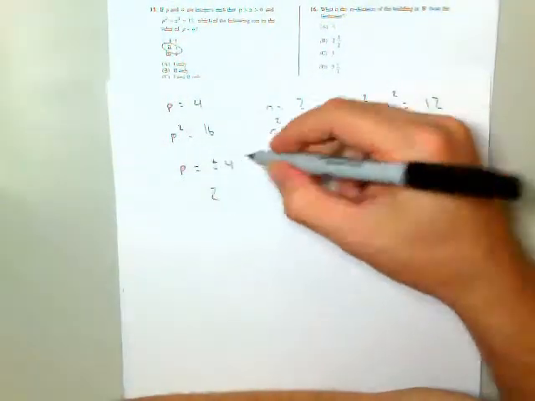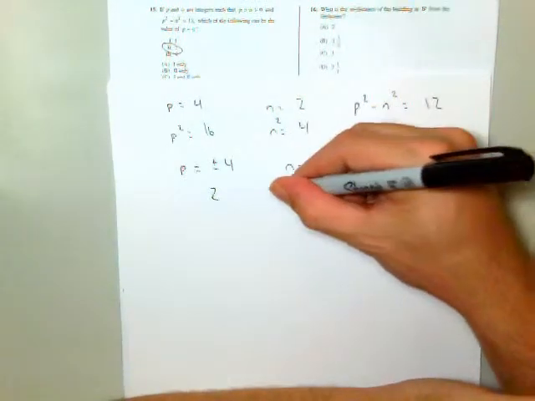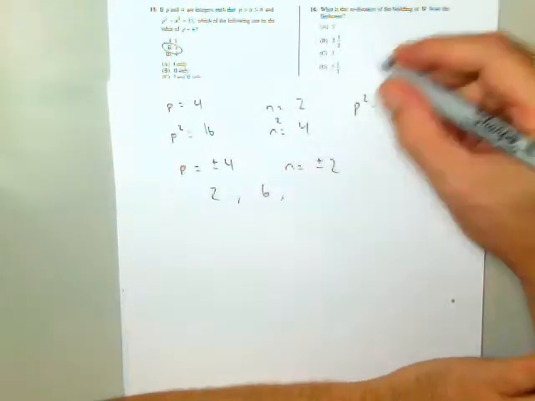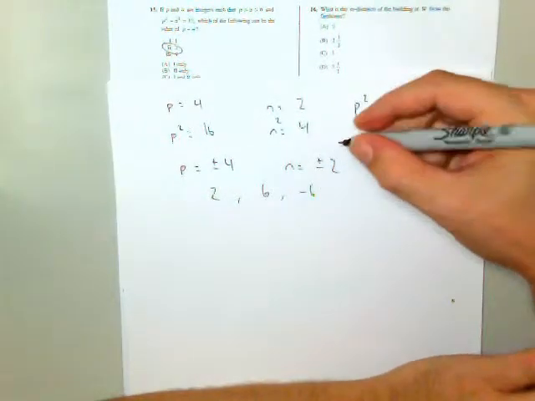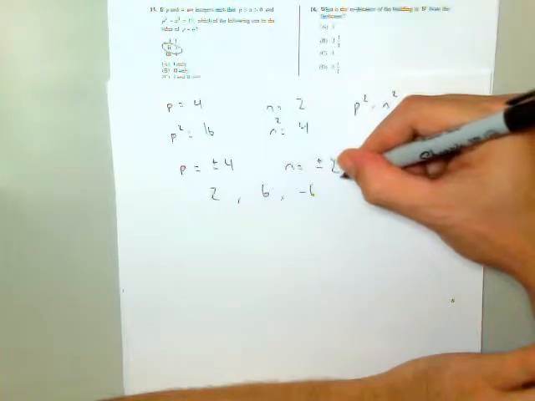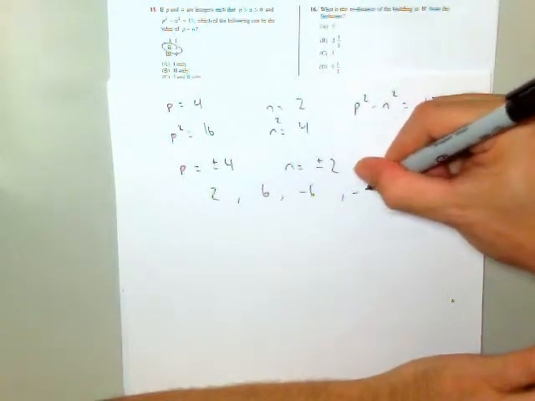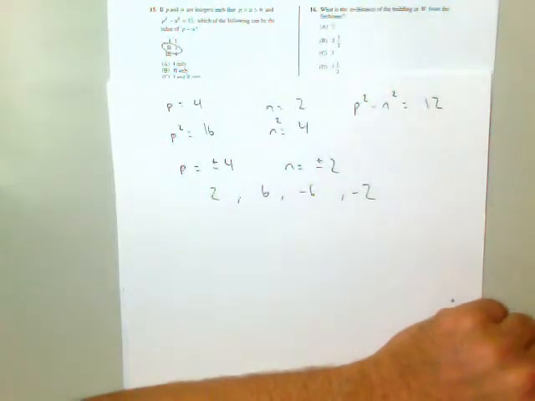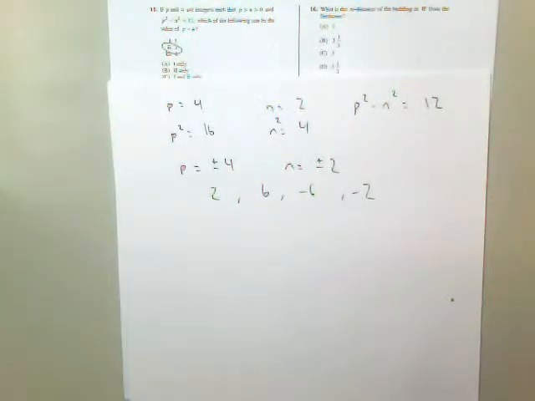I could get 4 plus 2, I could get 6. I could get negative 6, and I can get negative 4 plus 2, I can get negative 2, right, I can get some other numbers. But it's just trying to solve these, it's trying to get our values for p and n fairly quickly in this question.